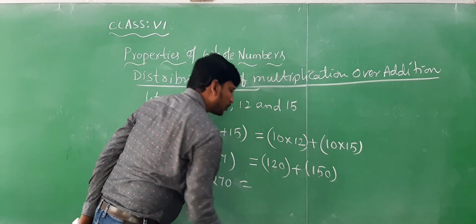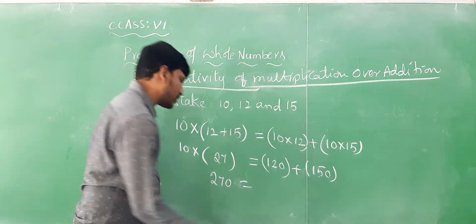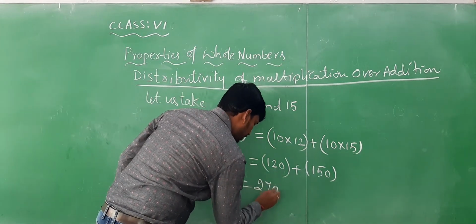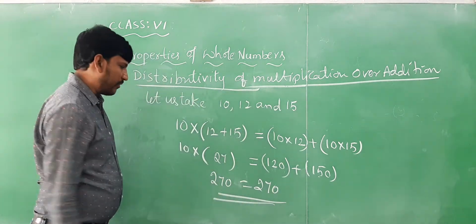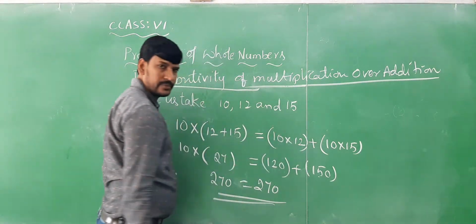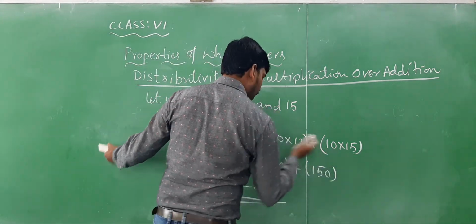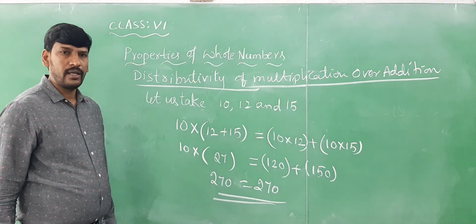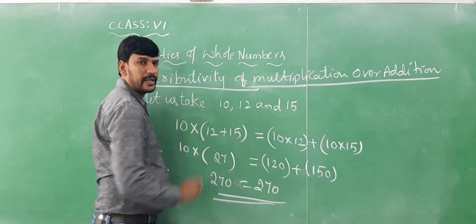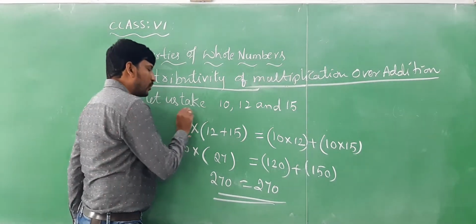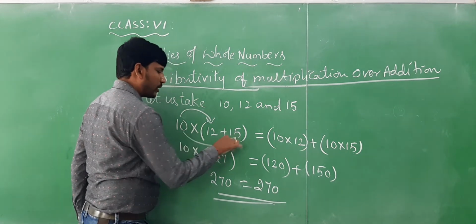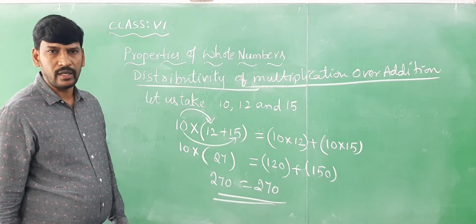By adding these two, 120 plus 150 is 270. See this, we got the same answer on the left hand side as well as the right hand side. Okay, this is the equal sign in the middle. This is nothing but the distributive property. Clear? We will distribute the value to both. Is this clear, children? Right?